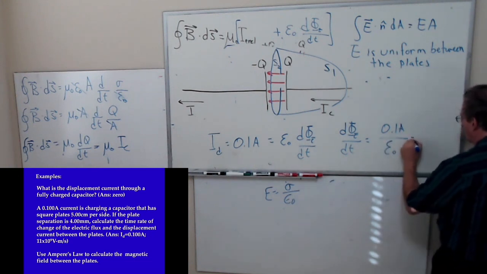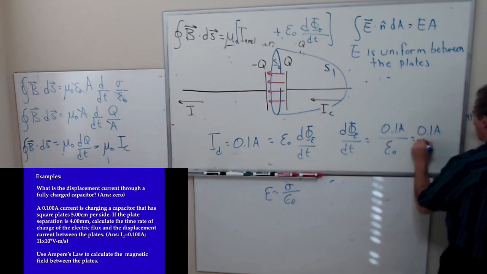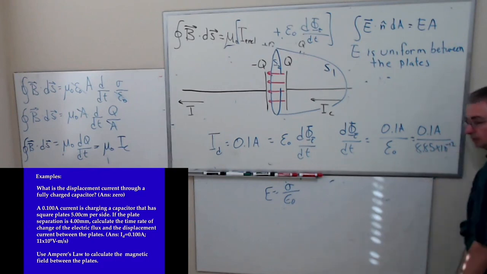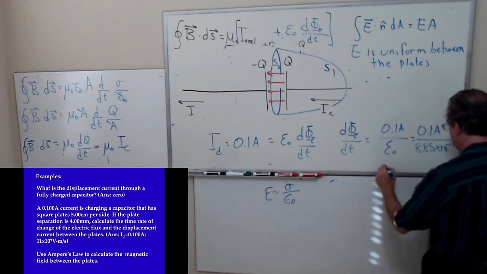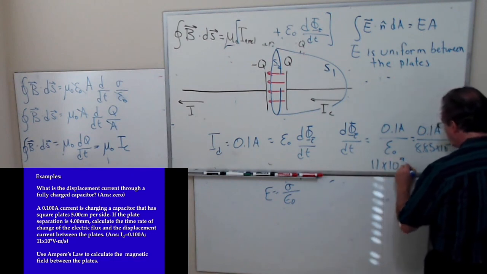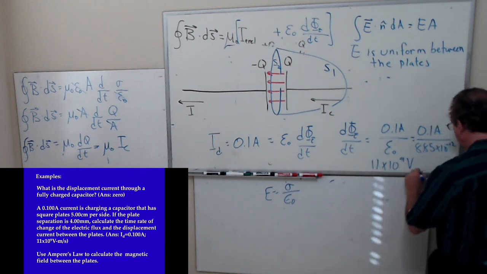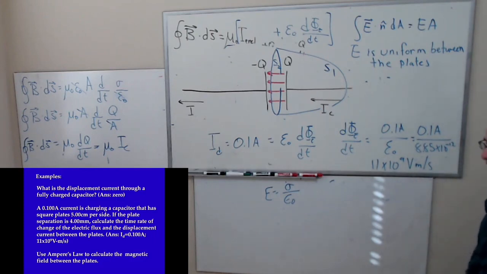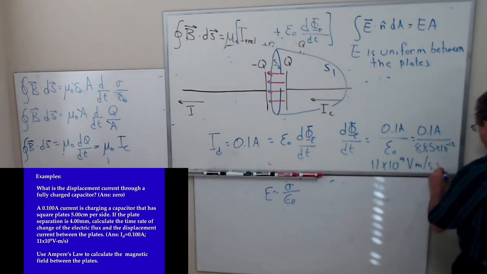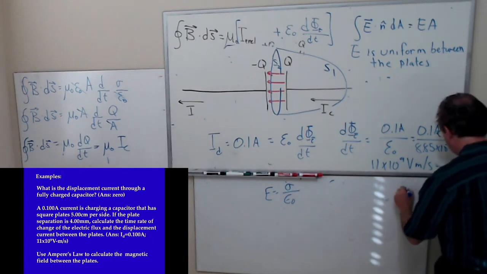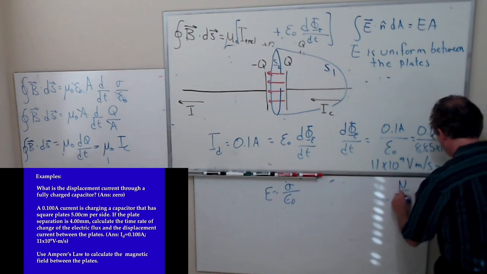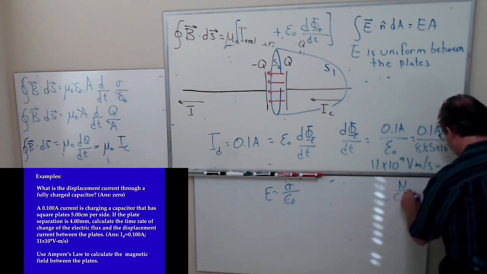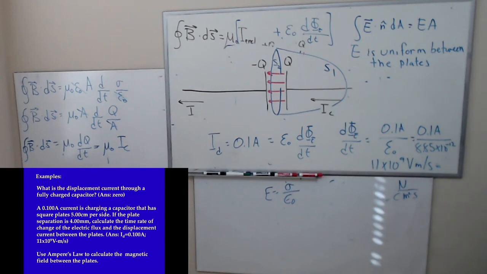So it's going to be 0.1 amps over 8.85 times 10 to the minus 12th. And you get 11 times 10 to the 9th volt meter per second. Or this unit is also Newton per Coulomb meter squared second. That's the other unit.